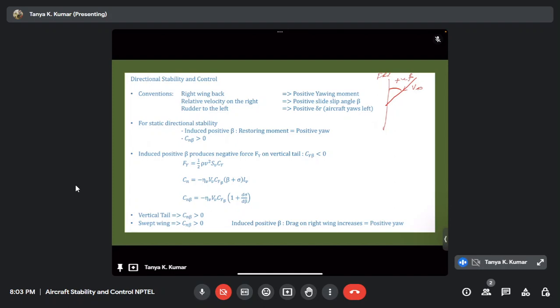So if I deflect my rudder towards the left, can you tell me what changes in forces and moments happen if this is the CG? This is your positive y-axis, right? What kinds of forces and moments does deflection of the rudder to the left produce? We did this for the positive elevator deflection, right? Now let's try doing it for the positive rudder deflection.